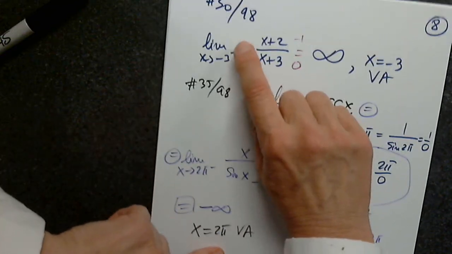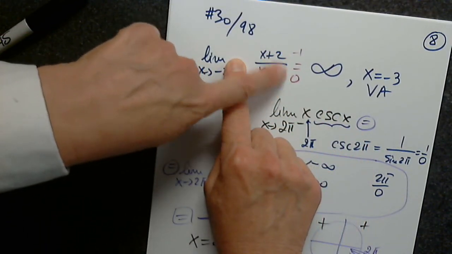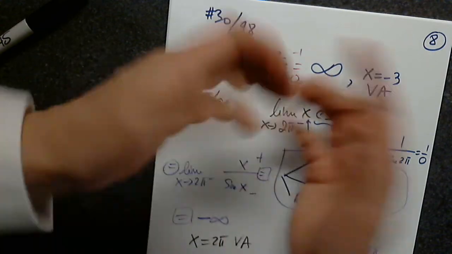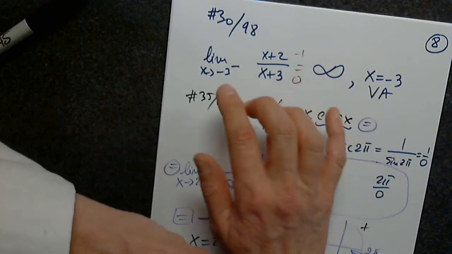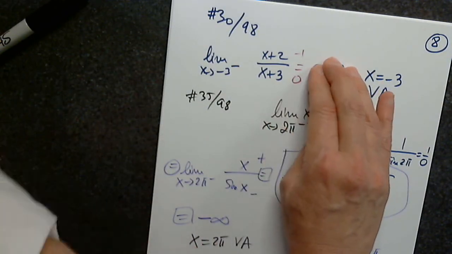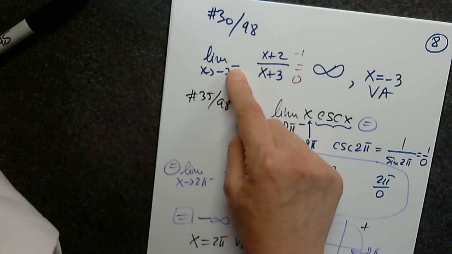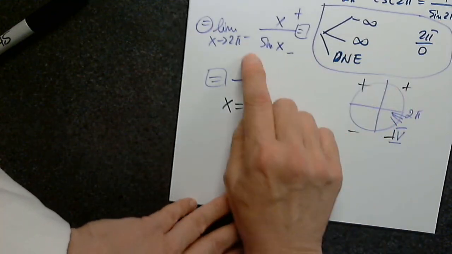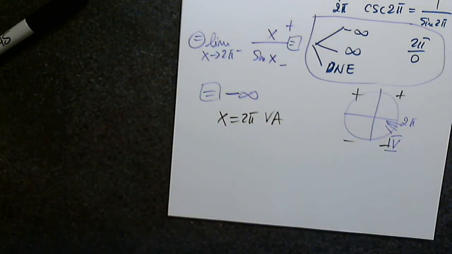If I don't have this, then I have this situation of a number over 0, I have to determine both limits, left and right, because I cannot make a conclusion. So it's either DNE or infinity or negative infinity. So I have to determine both sides. But since this is specifically from the left, and this was also specifically from the left, there is no need to determine the limit from the right.